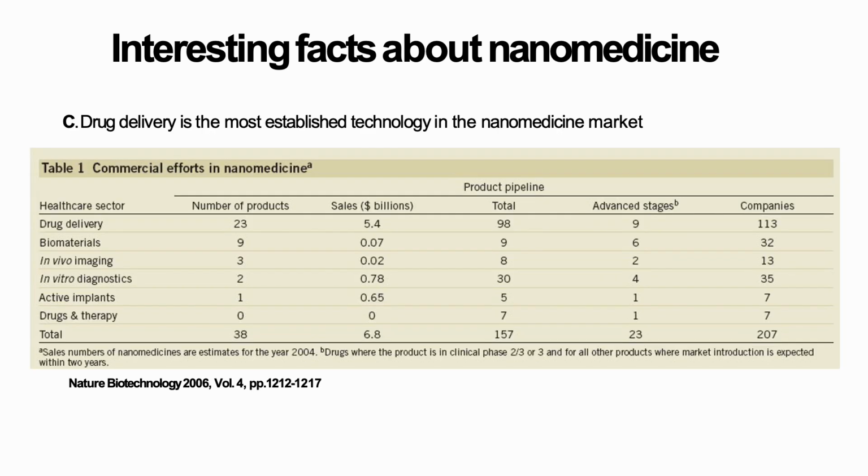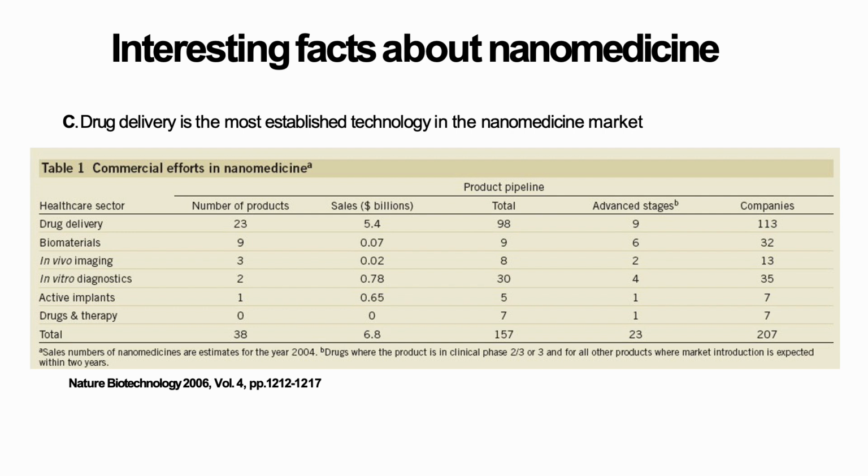Now here we can see the drug delivery in, again, different technologies in nanomedicine markets. On the left side of the table, we see the healthcare sector, and then the number of products, followed by the sales in billions of dollars, and then the total advanced stage and the number of companies.